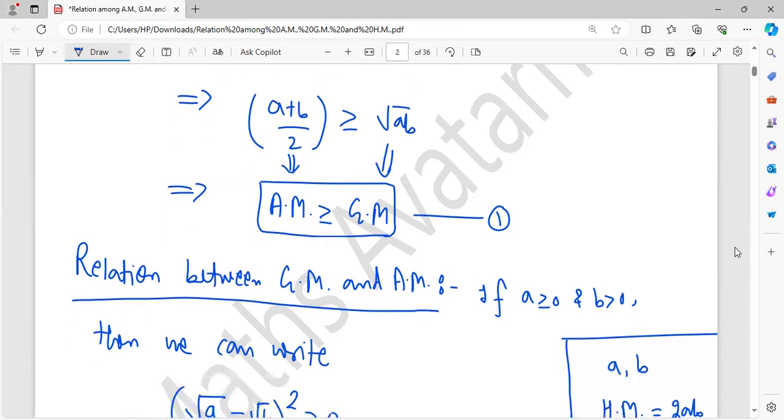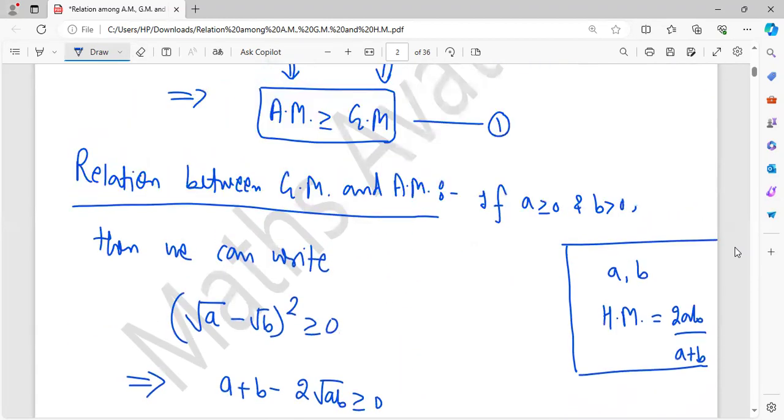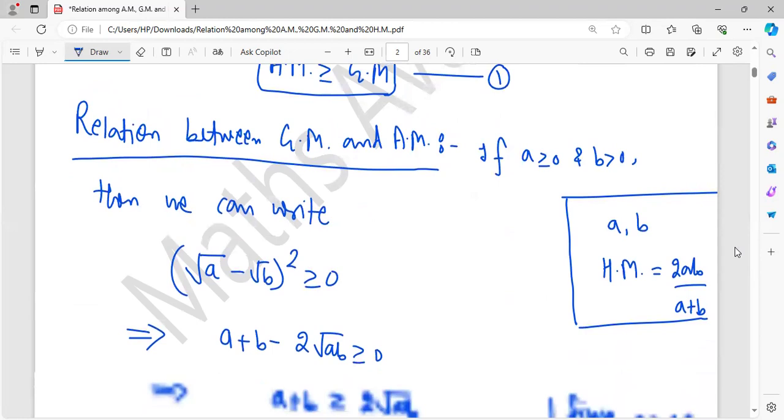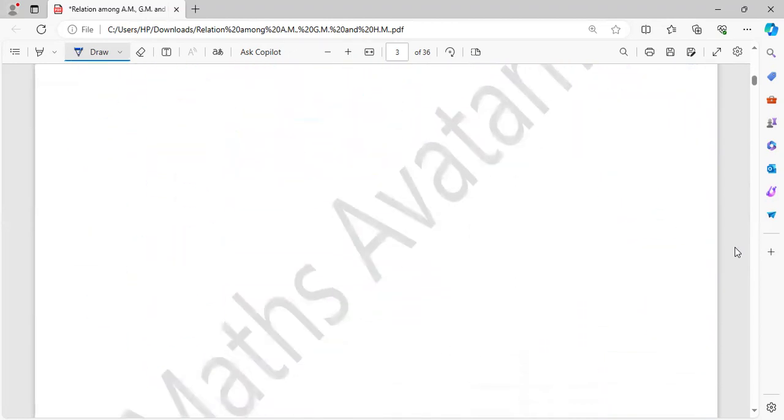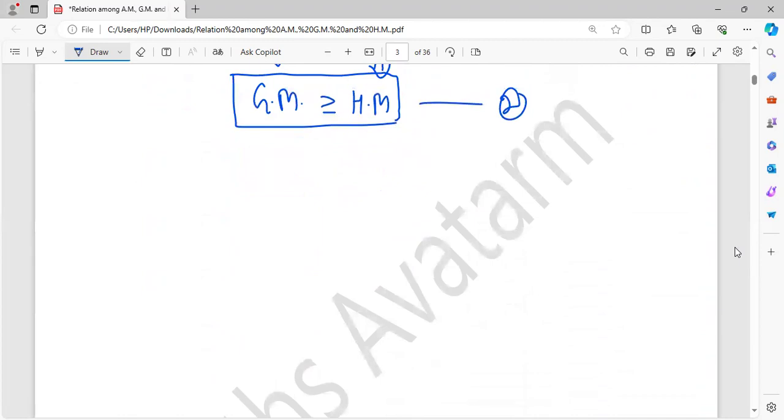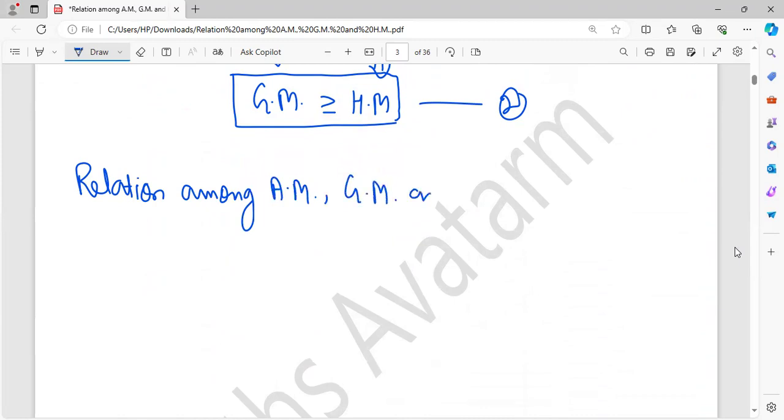Now we write a relation. We have found a relation between AM and GM by equation number 1, and a relation between GM and HM by equation number 2. Now we finally write the relation among AM, GM and HM.